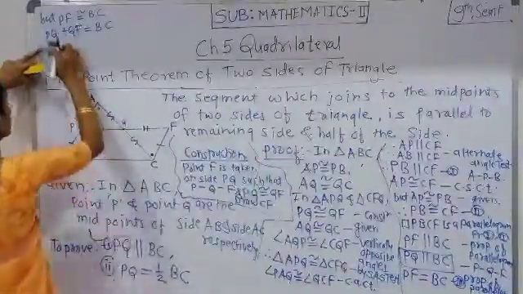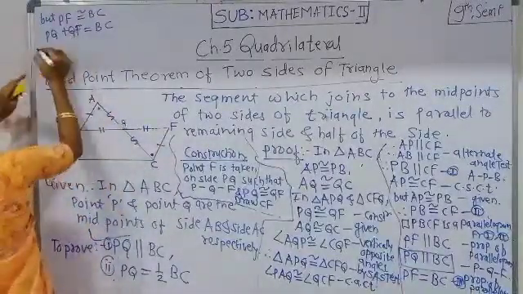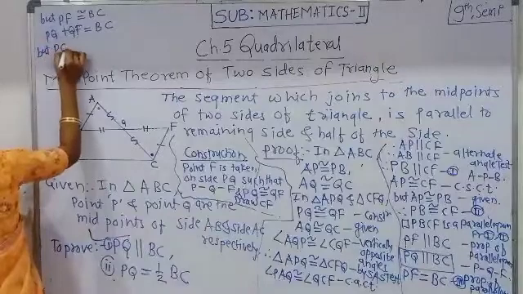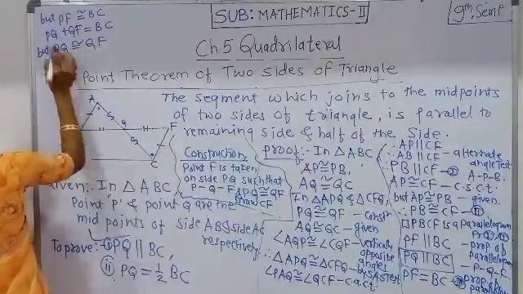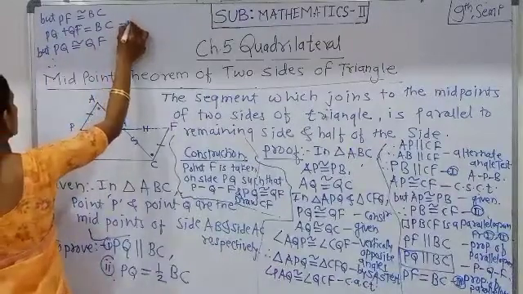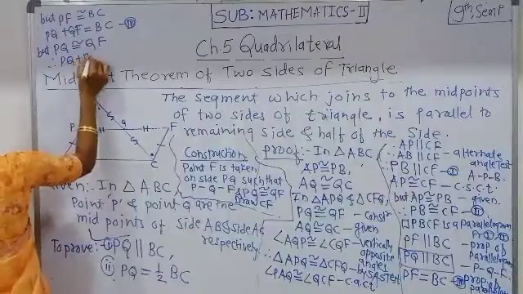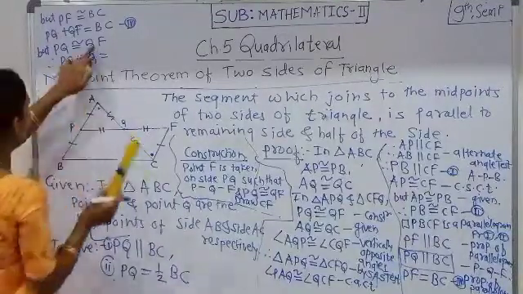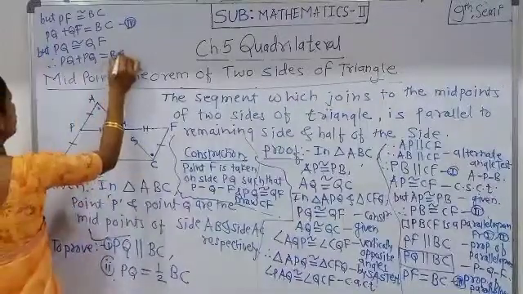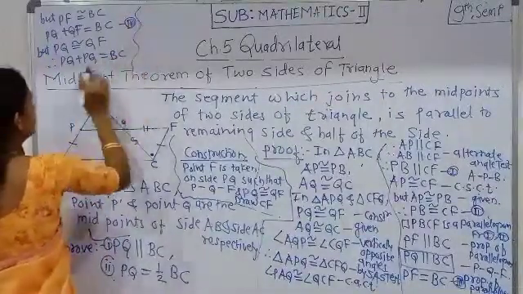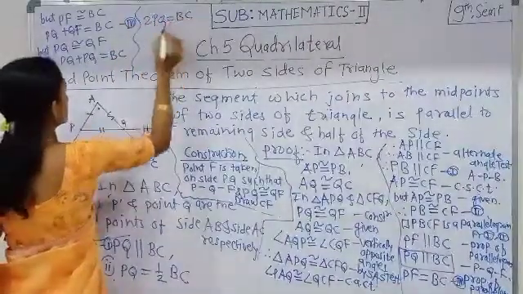But here QF and PQ are congruent. Therefore, equation 4 becomes PQ plus PQ is equal to BC, and therefore 2PQ is equal to BC.